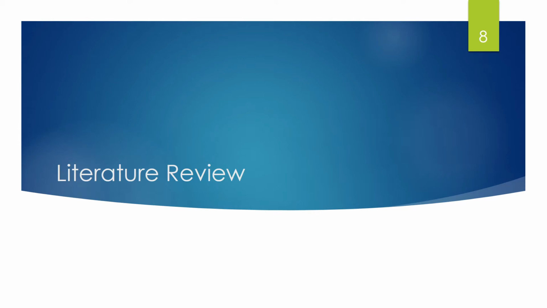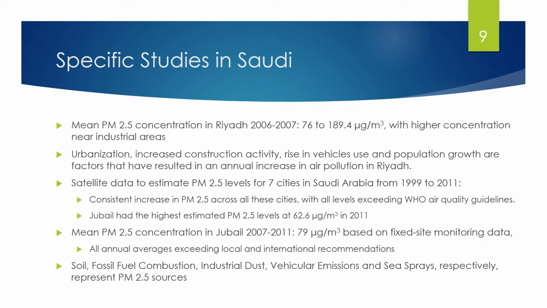When looking at the literature available in regards to PM2.5 research in Saudi Arabia, there has been lots of activities to measure the PM2.5 concentration and look at its sources. Some of these were in Riyadh in 2006 to 2007 and identified a concentration in between 76 to 189 microgram per cubic meter of PM2.5, and the higher concentration areas were near industrial areas.